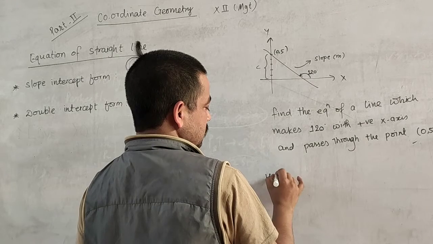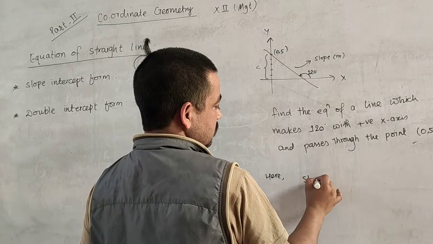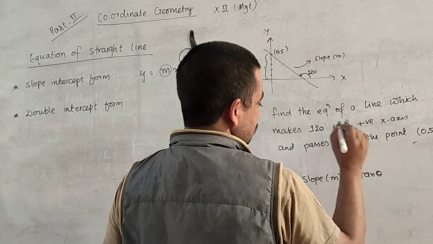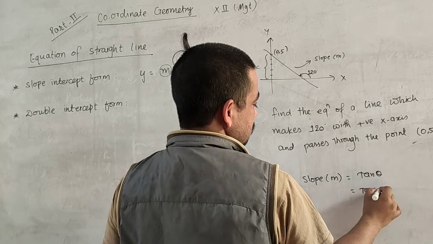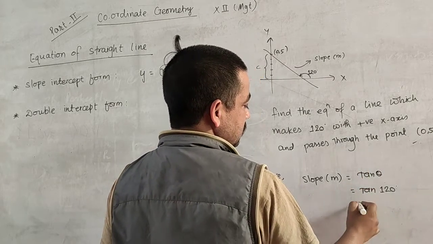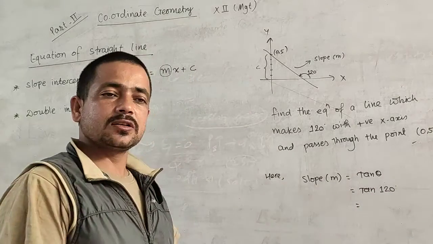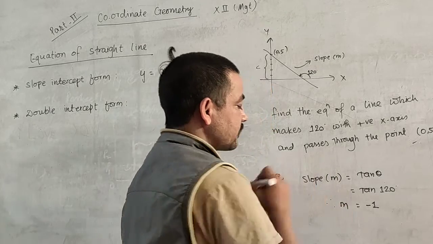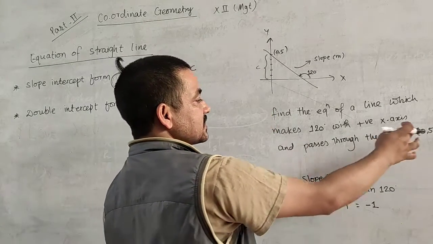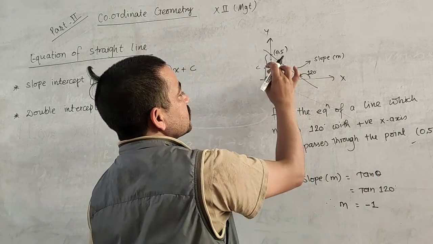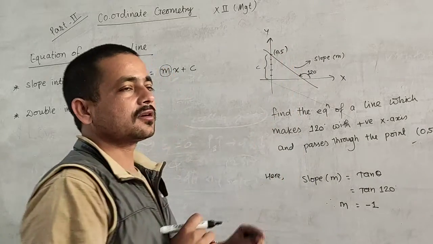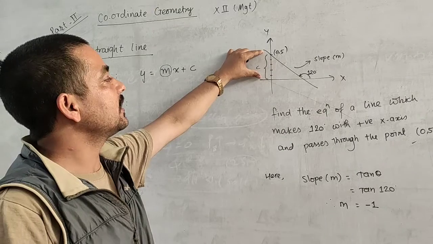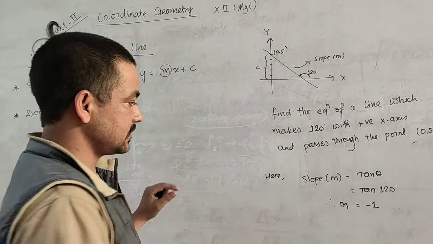Here slope m equals to tan theta, so tan 120-degree angle, tan 120 को भ्यालु कति हुन्छ? -1. Slope m को भ्यालु -1 and passes through the point 0, 5 means the 5 units intercept it has made with y axis.